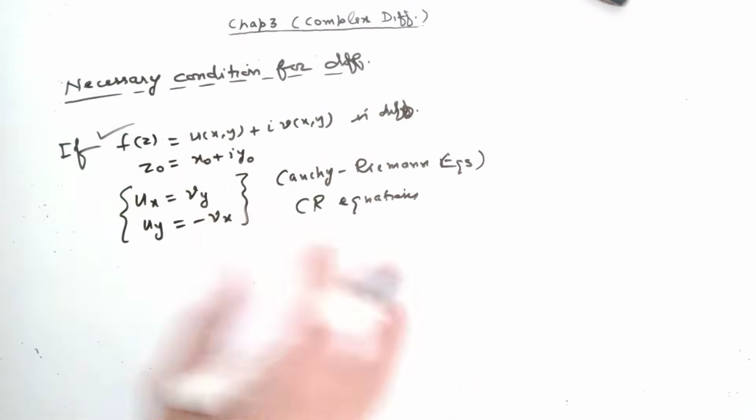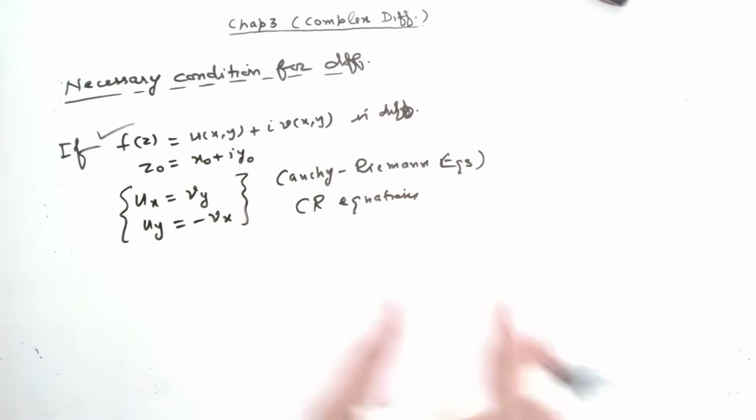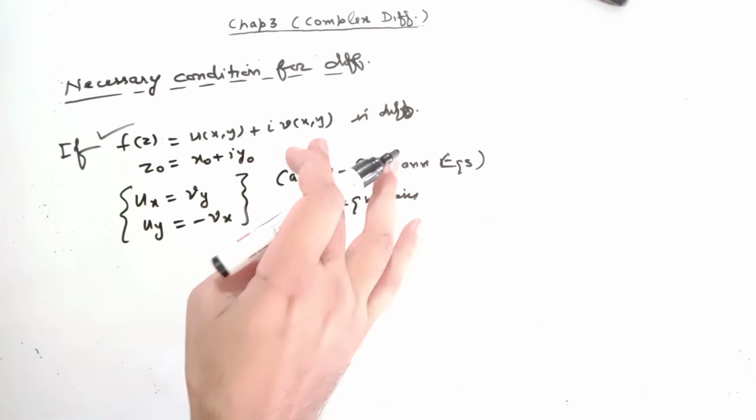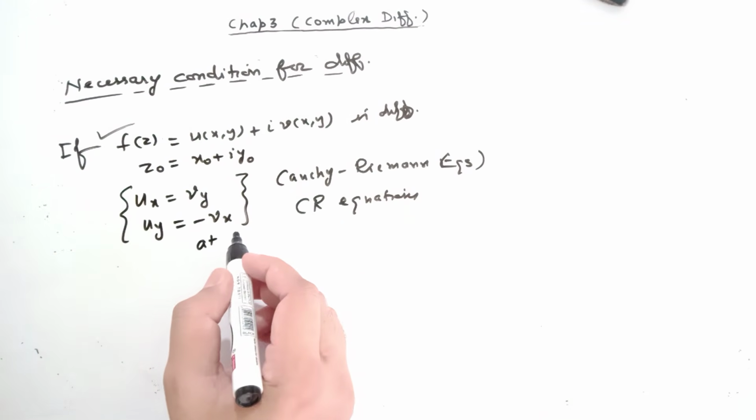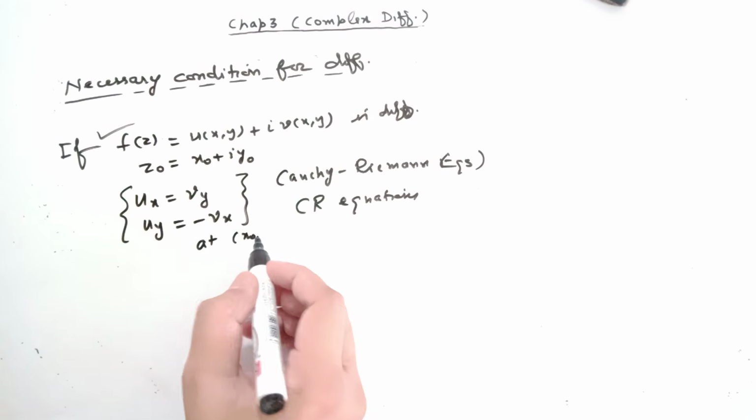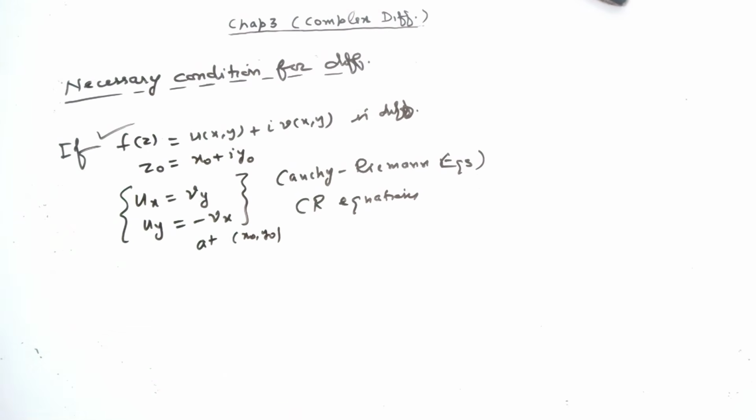The proof of CR equations is given in the lecture notes. You can read it there. But this result is very, very important. If a function is differentiable at some point, then CR equations are satisfied at this point z0, or you can say (x0, y0). What does it mean?